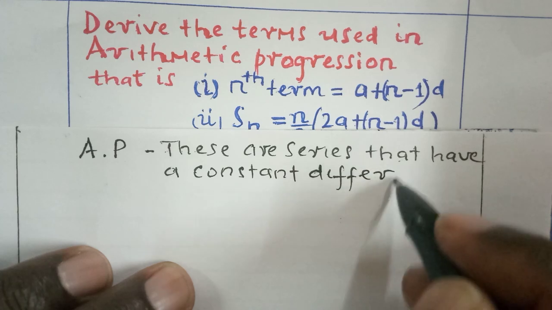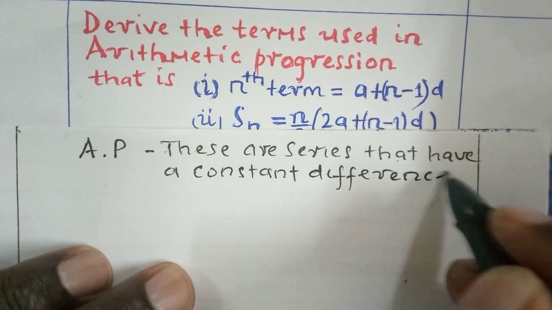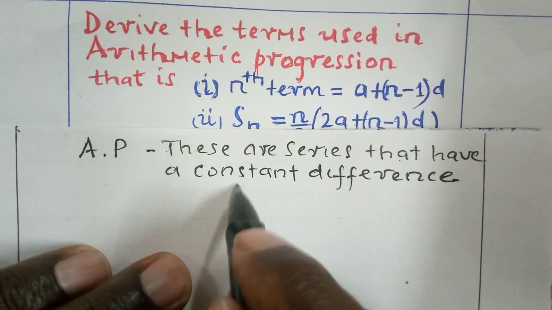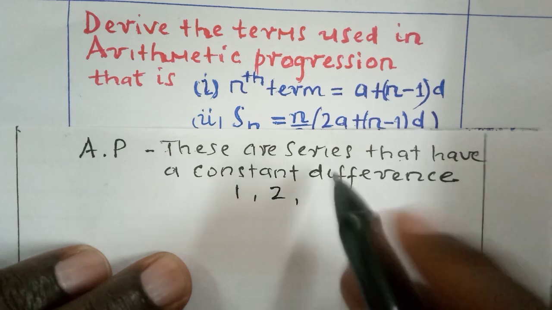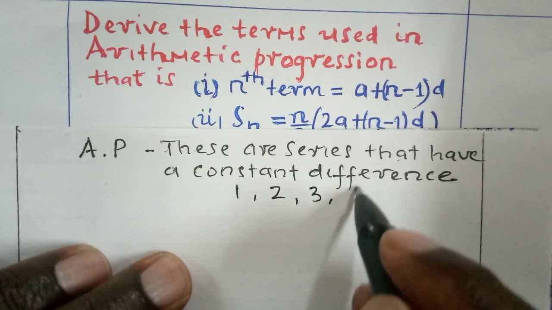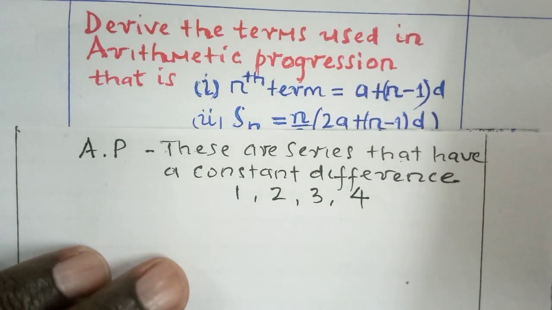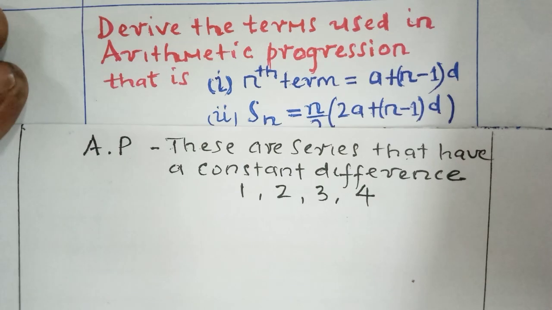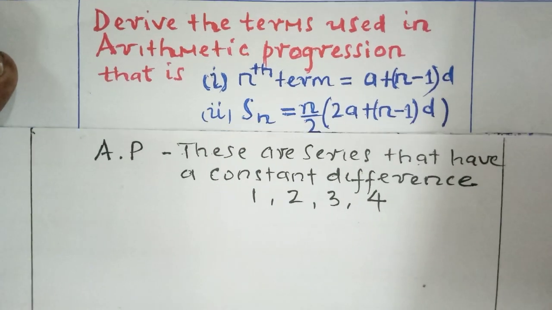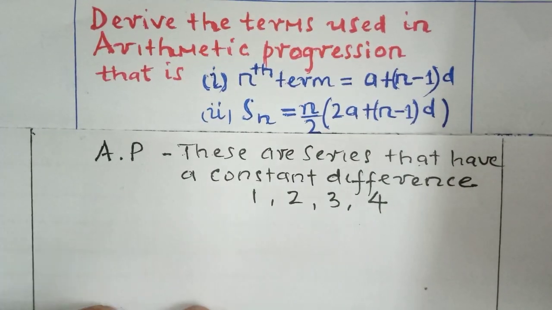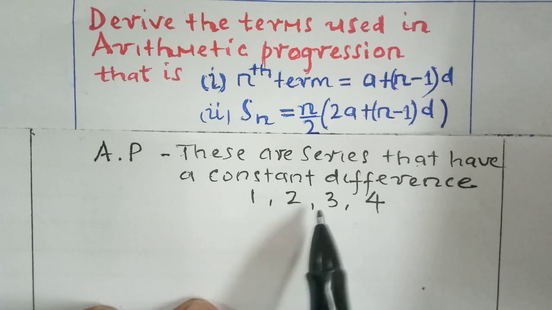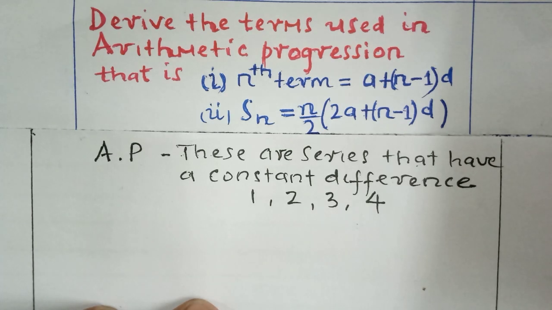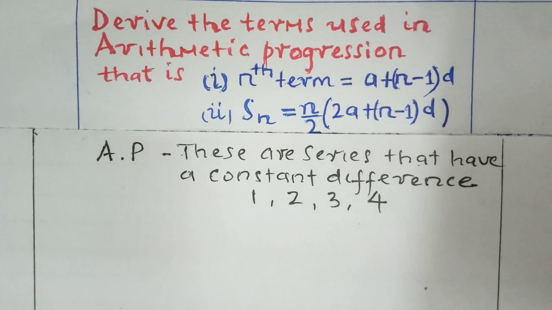And the example for that is 1, 2, 3, and 4. Because when you look at it, guys, the difference here is 1, here is 1, and here is 1.